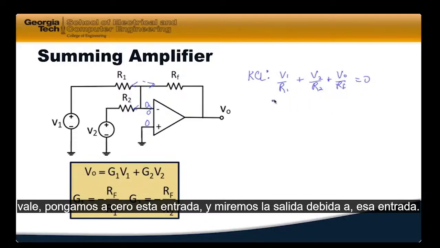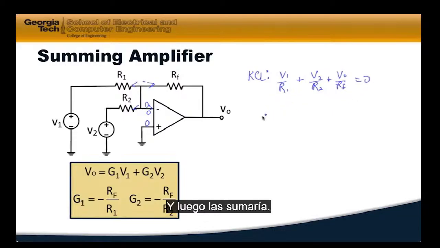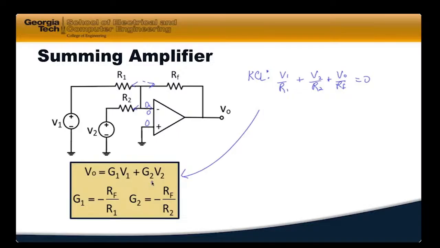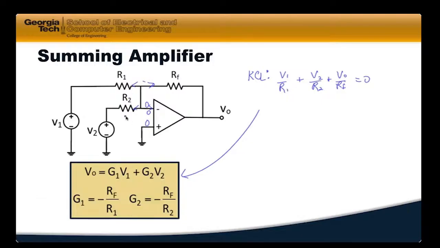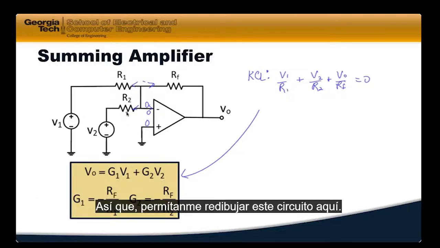If I clean this up a little bit, I can put it into this form. So I've actually got 2 gains, G1 times V1 and G2 times V2, and they're a little bit different in terms of their values. In the summing circuit, I can add more terms in here, and I can do the same thing if I had 3 inputs, 4 inputs, or whatever. I can sum them all together.